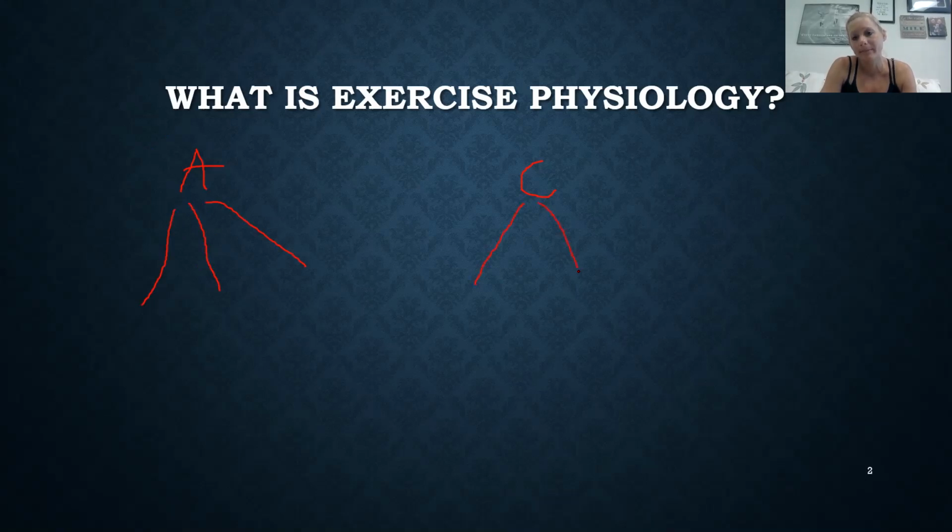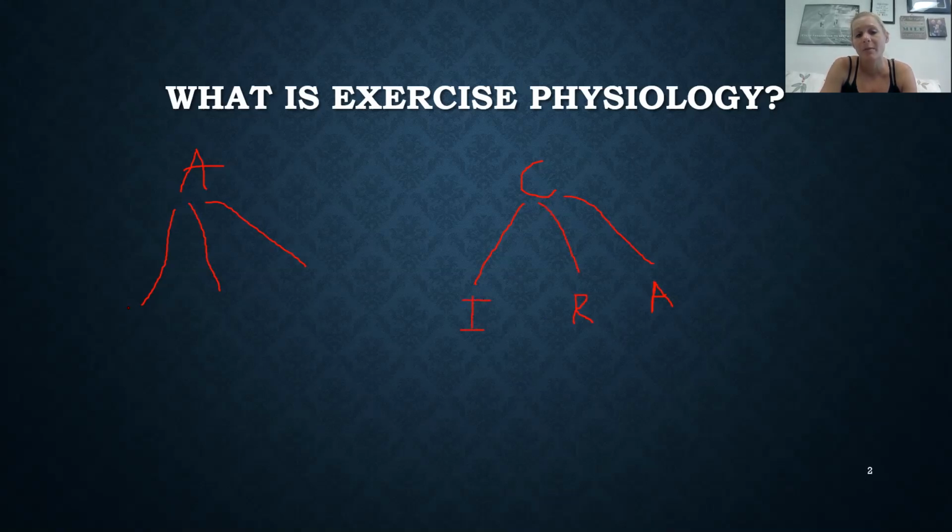Number one, I can do aerobic exercise. So how is my body different as it relates to aerobic exercise in relation to someone else? I can do resistance exercise, such as strength training. And I can do something called intermittent sport.